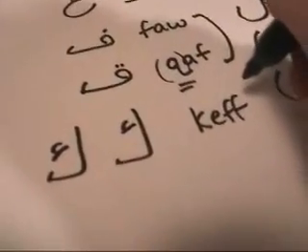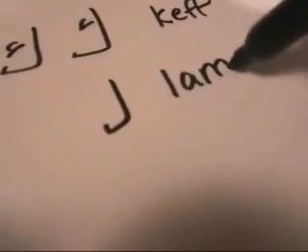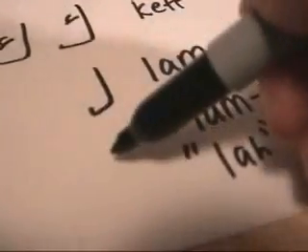Okay, we're getting to the end. This guy stands alone, but we have over here the L, which is lam, and then I'm going a little out of order here, but I want to show you how this goes. The lam aleph is a combination of L and A. So if you ever have a la sound, you're going to use a lam aleph, and there's a couple different ways people do these.